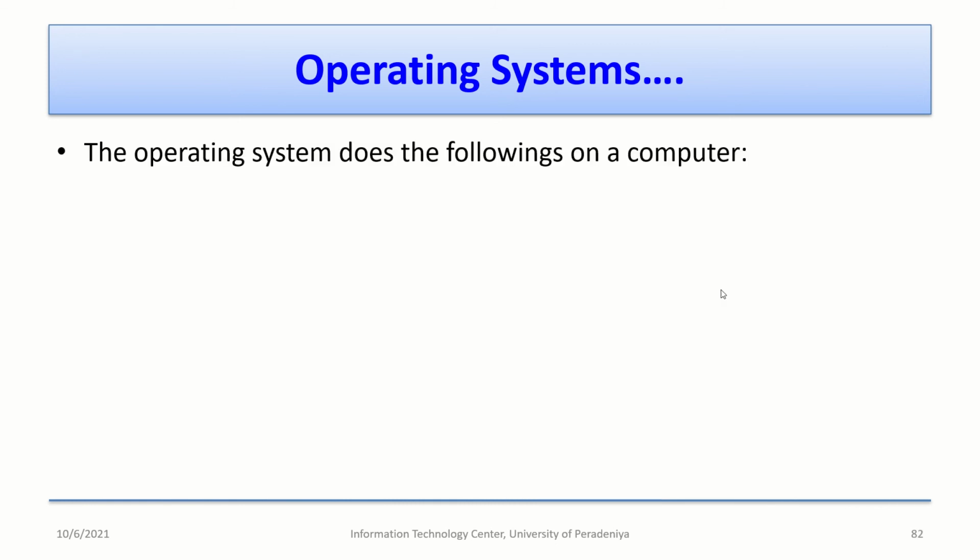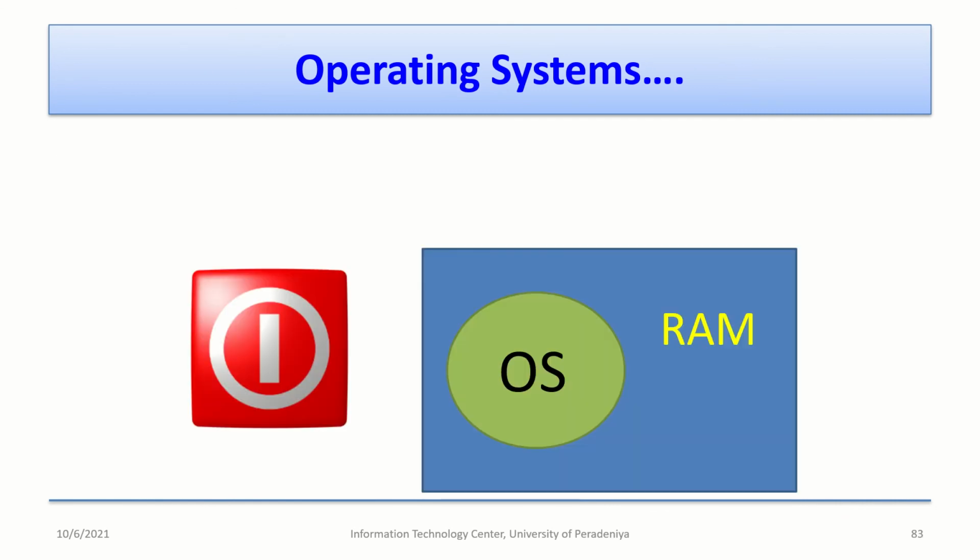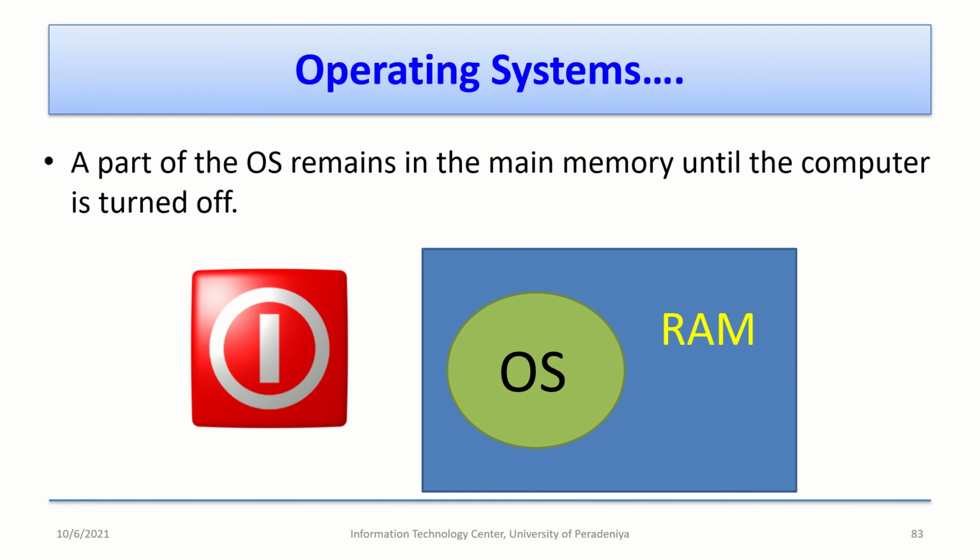And the operating system does the following on the computer. These are the main jobs of the operating system: control the computer hardware, run the computer programs, organize the files. Those are the main functionality of the operating system, right? And then a part of the operating system remains in the main memory until the computer is turned off.